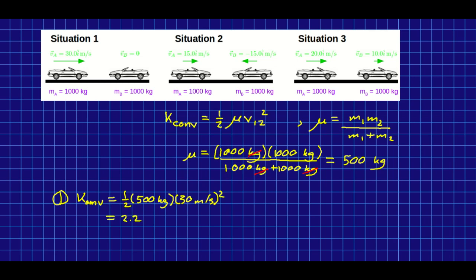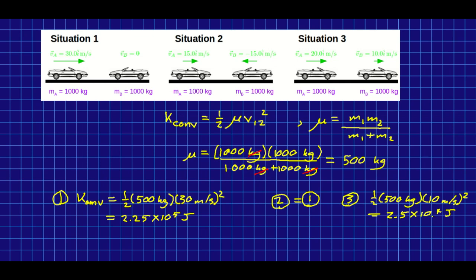Notice that in situation 2, we have the same reduced mass and the same relative speed, and so we will get exactly the same answer, in line with our expectations about the level of danger of those two collisions. Whereas in 3, we get quite a different answer.